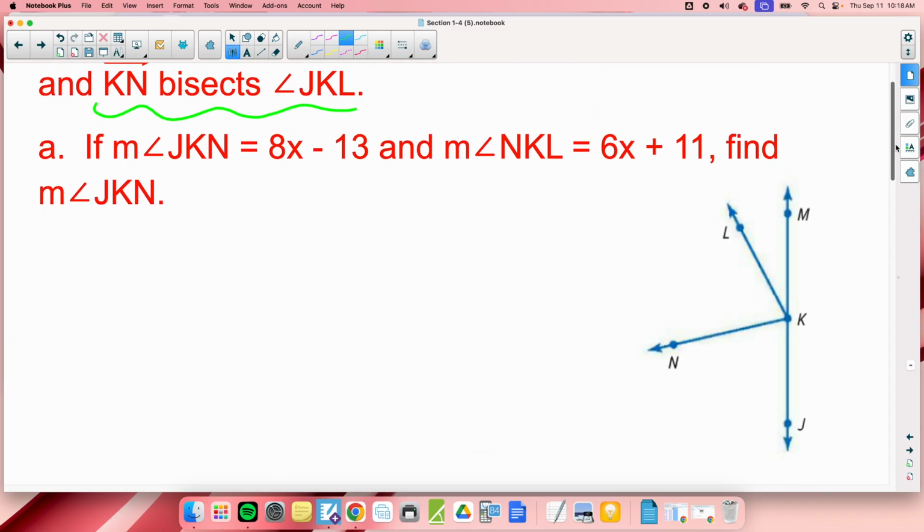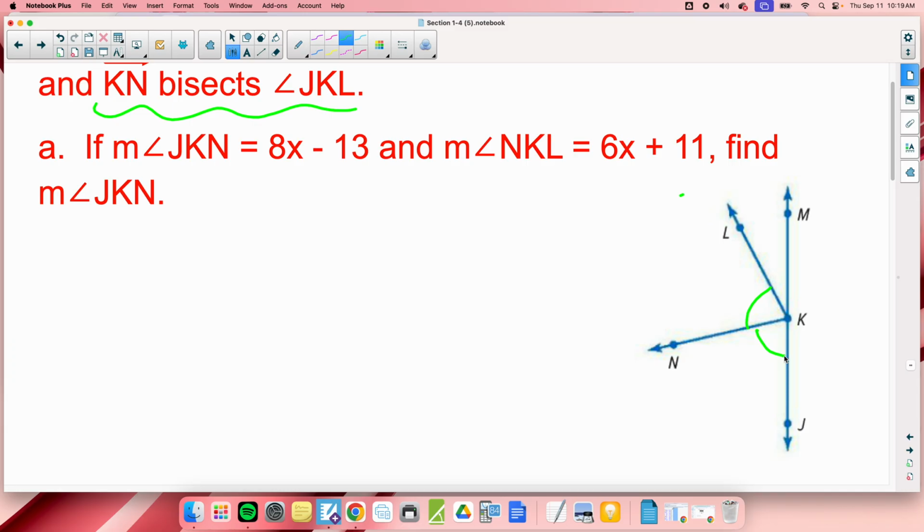So here is what that says. KN bisects angle JKL. So it bisects this whole angle. To bisect means it cuts it in half. So this angle is congruent to that angle. Do you guys get that? So bisects means it cuts it in half.